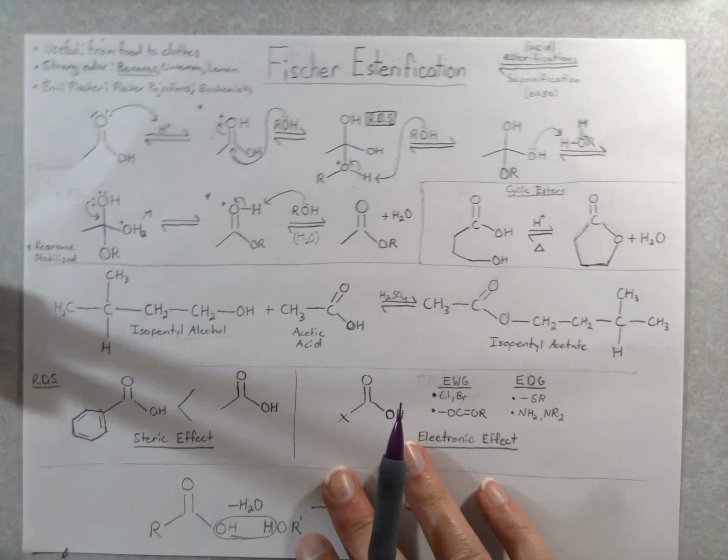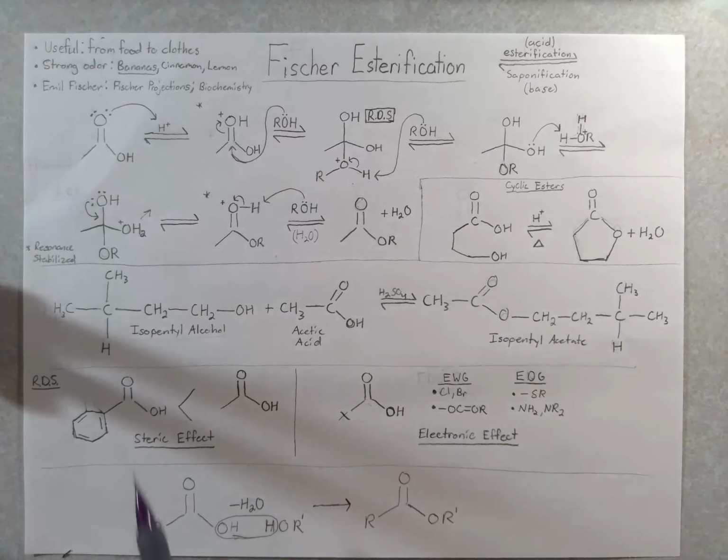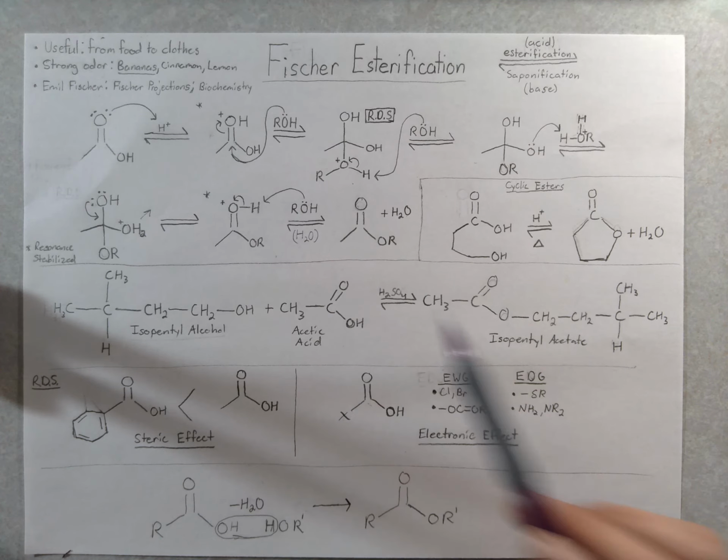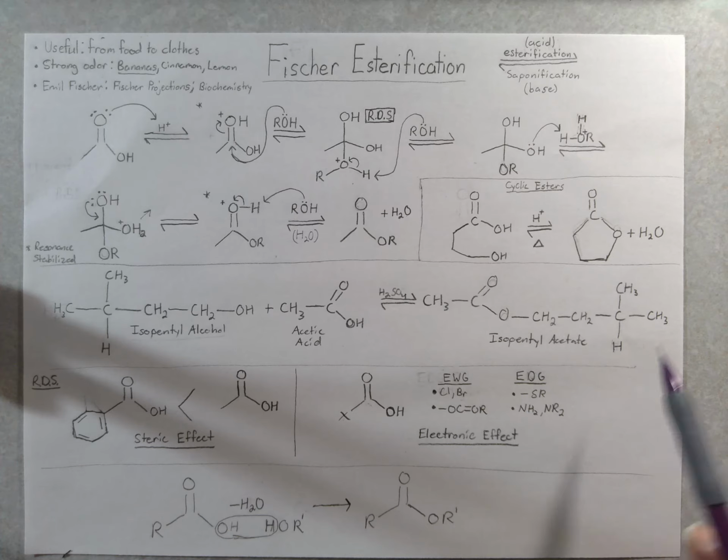So our main reaction that we'll be going over is with isopentyl alcohol and acetic acid. Acetic acid is the main chemical in vinegar. So we'll also be using sulfuric acid, only a few drops, to form our isopentyl acetate, our banana oil.